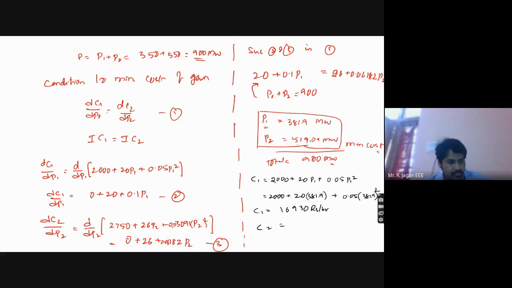C2. Others also check the values, Babu. Do it and tell me. You can also cross-check whether it is right or not.